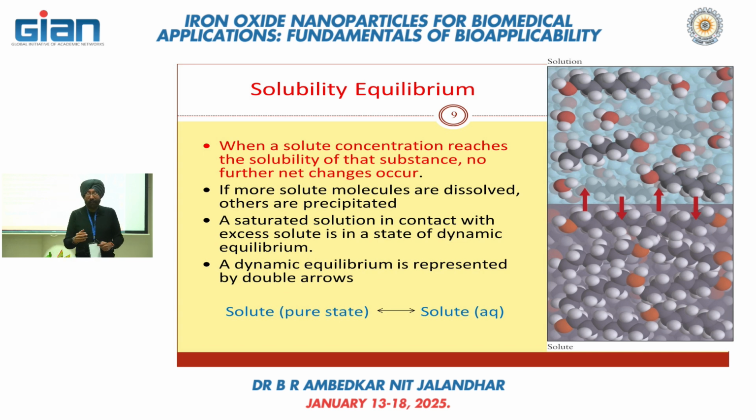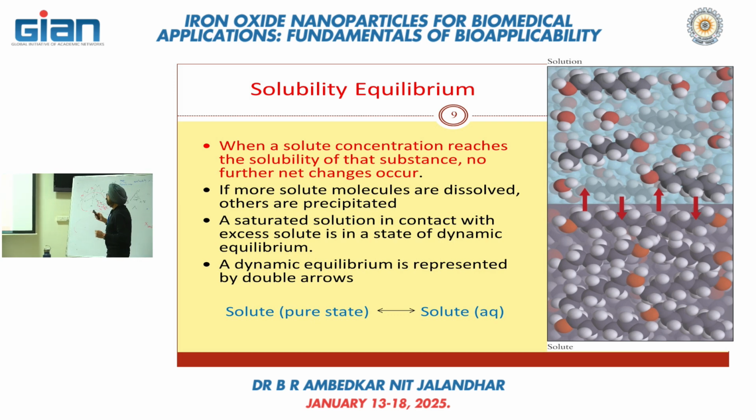So what is happening? It's not exactly the same crystal which is going to settle down. It is an exchange between the solution and the solid. The number of sodium chloride molecules which you dissolve in water at the saturation point, exactly the same amount is going to be precipitated out. That is the definition of solubility at constant temperature and pressure.